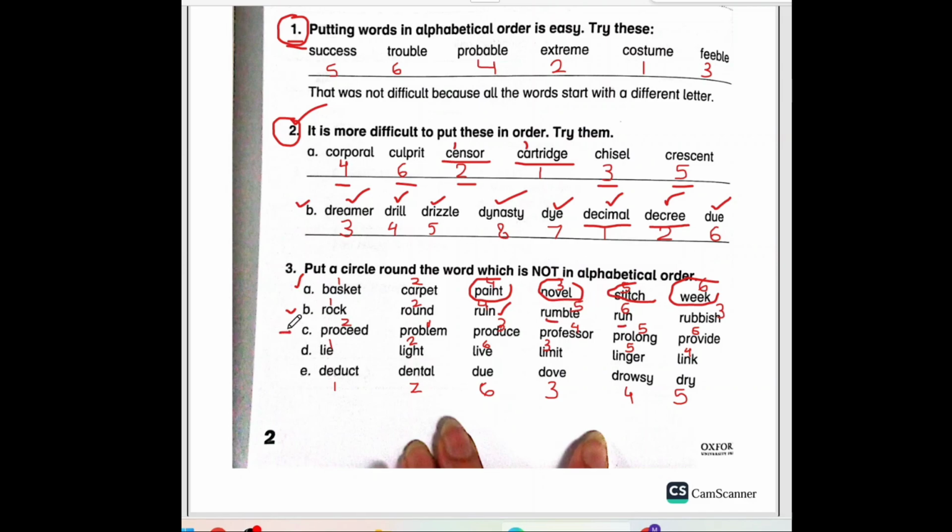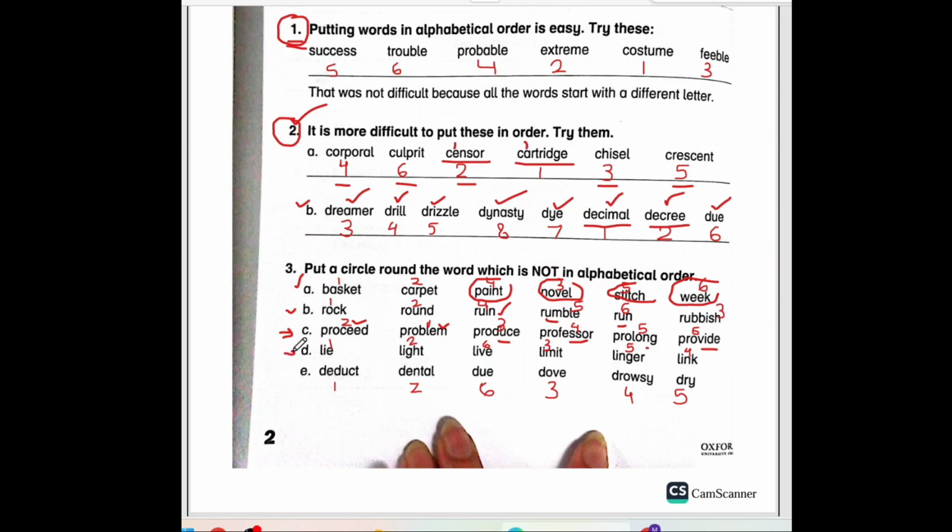The solution for part C is problem, then proceed, then produce, then professor, prolong, and at the end provide.